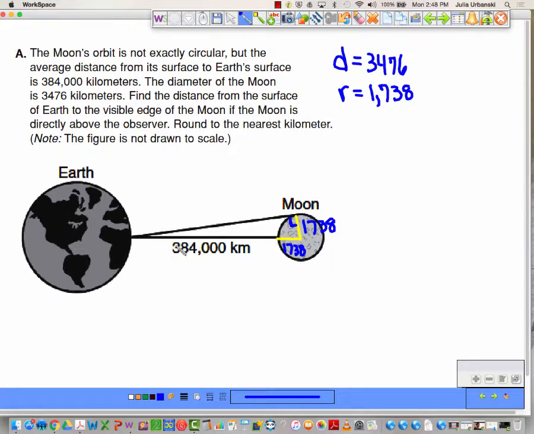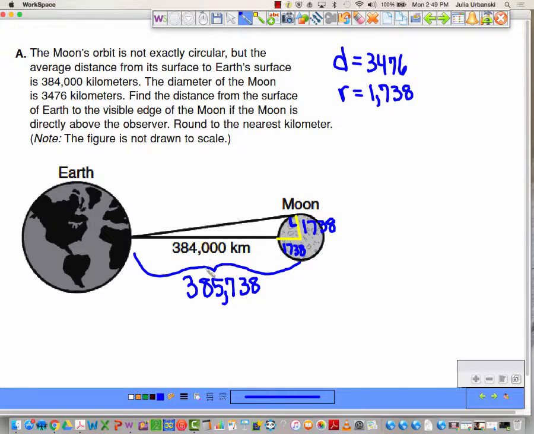So now we have this side that's unknown. This side is 1738, and this side, from the yellow line to the black line all together, makes one whole side. That is the two added together, 385,738. That's just adding the black line and the yellow line together.